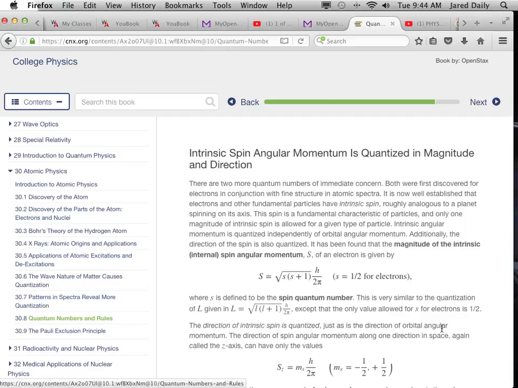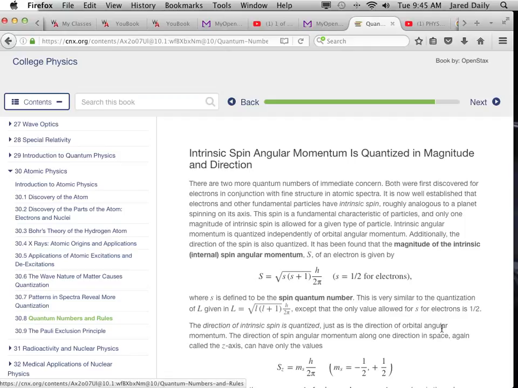Then there is also the spin up, spin down. The spin up, spin down thing is this other one, where we use m sub s. And m sub s for electrons is always either -1/2 or +1/2. Same rule here and here, right? Except we don't have a 0 in there. There's spin up, spin down.